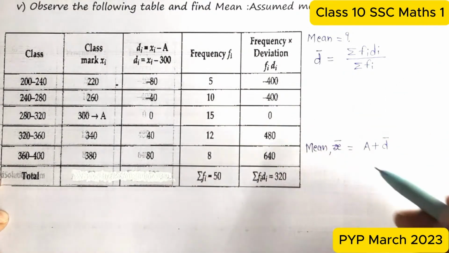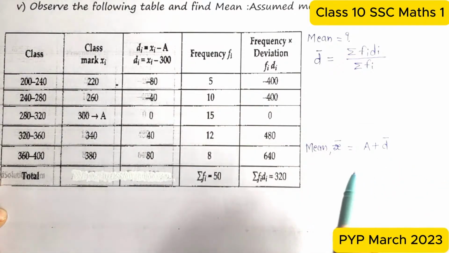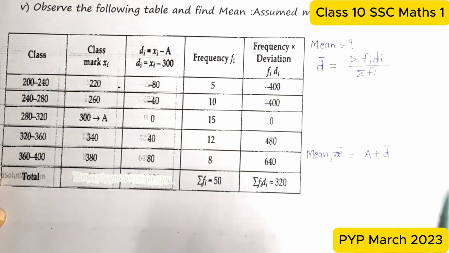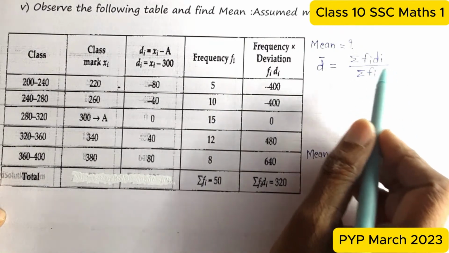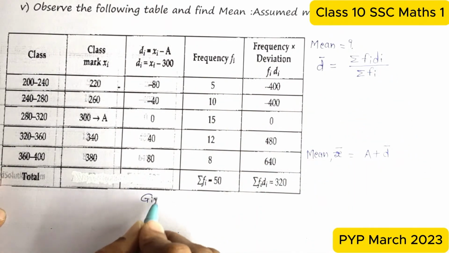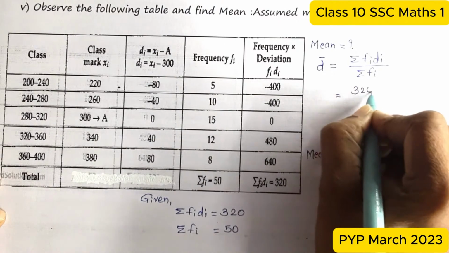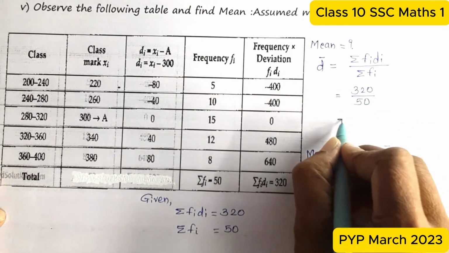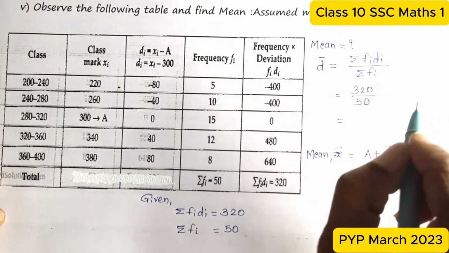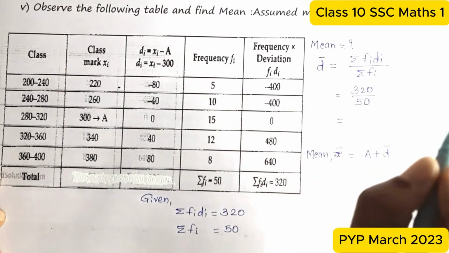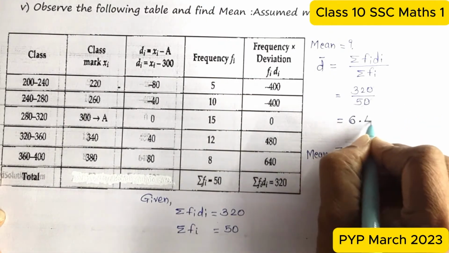After getting the d bar, we can substitute in this equation and we get the mean as x bar. Here we know the value: in the given, summation fi di is equal to 320 and summation fi is equal to 50. So 320 upon 50, the zeros get cancelled, and 32 upon 5. 5 sixes are 30 and 5 fours are 20.